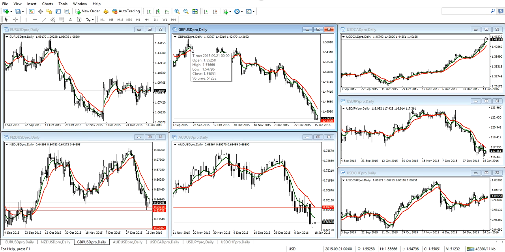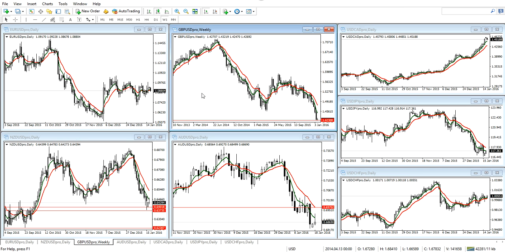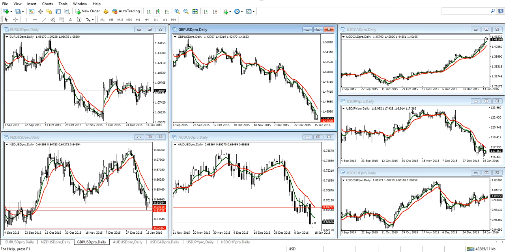So that's why we had the pound on the daily, and then when we looked at it on the weekly, it was the same thing. We had a nice fresh cross and going down. So since we had the pound going down and we had the New Zealand trending up, what did we have?